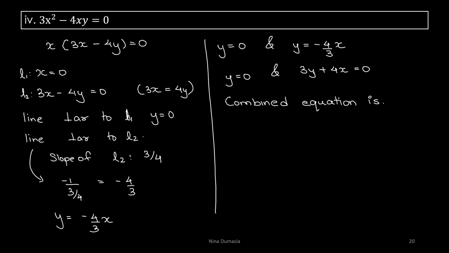So the combined equation is y is equal to 0 multiplied by 3y plus 4x is equal to 0. And that gives us 3y square plus 4xy is equal to 0. And this is our combined equation of the lines that are perpendicular to the lines in the question.